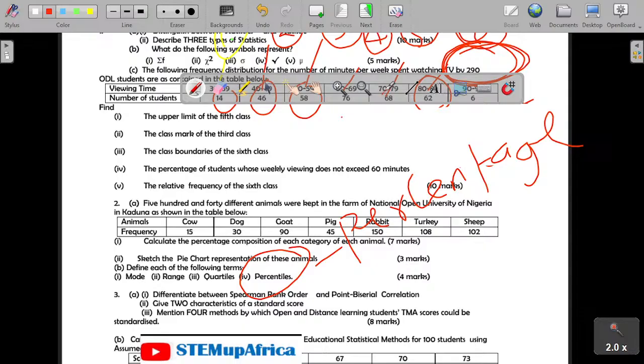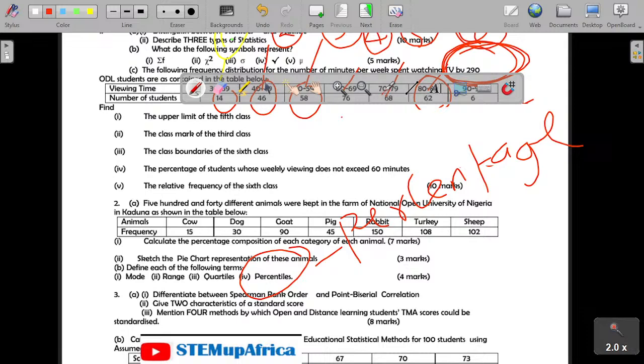Sir, please, can you throw light on that, number 3A, Spearman rank order? Just give us a little differentiation between Spearman rank order and the other. Yes, sir.